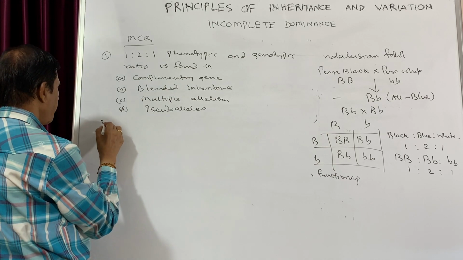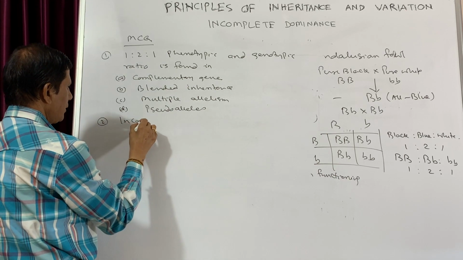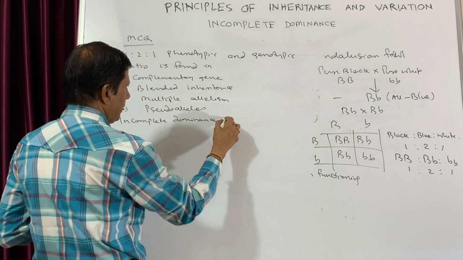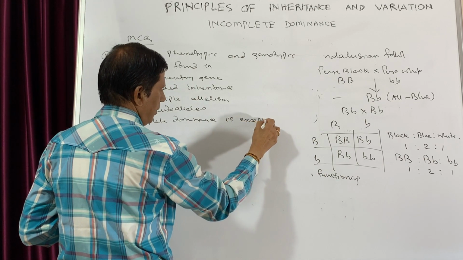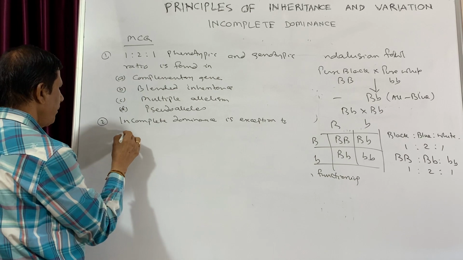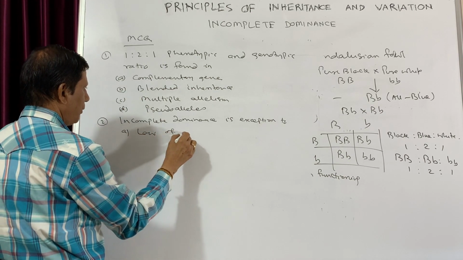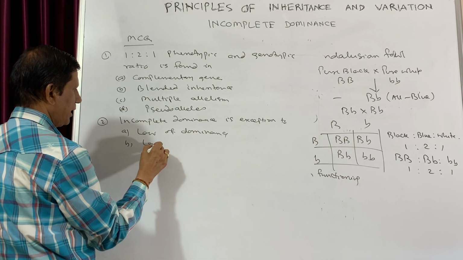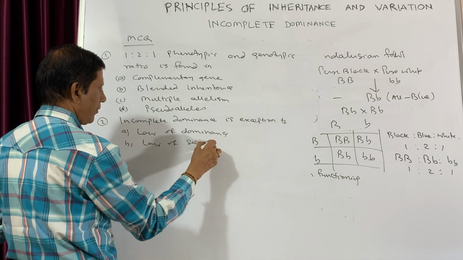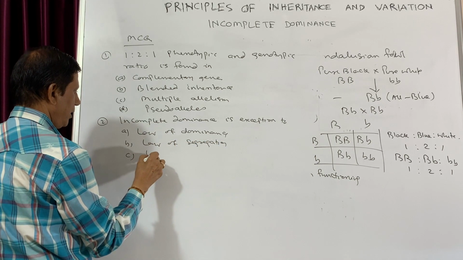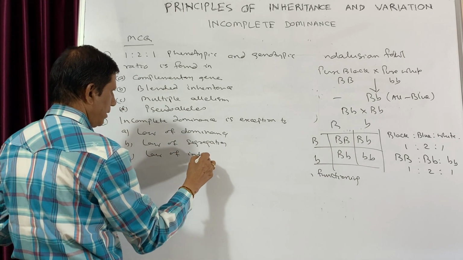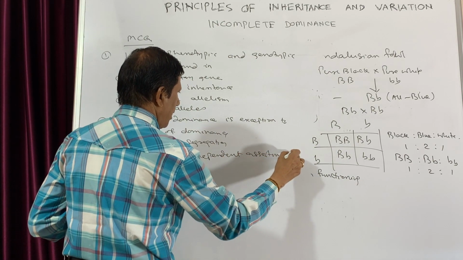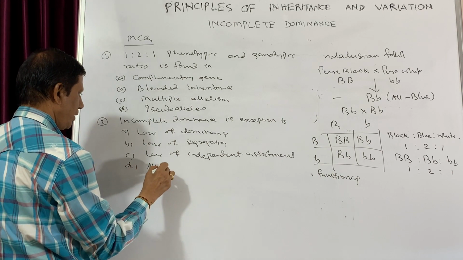Then the second question: incomplete dominance is an exception to: first choice, law of dominance; second choice, law of segregation; third choice, law of independent assortment; and fourth choice, all of these.